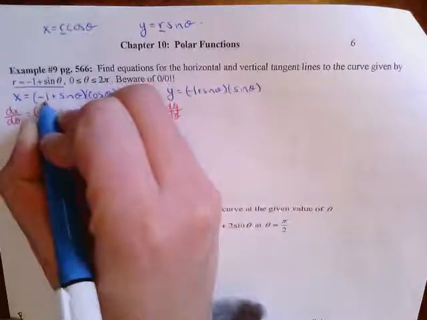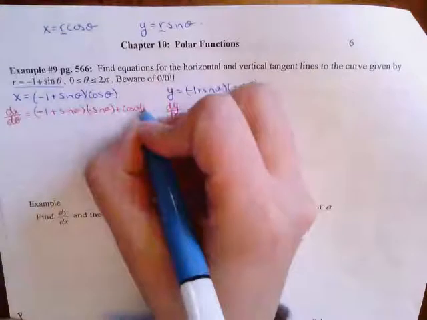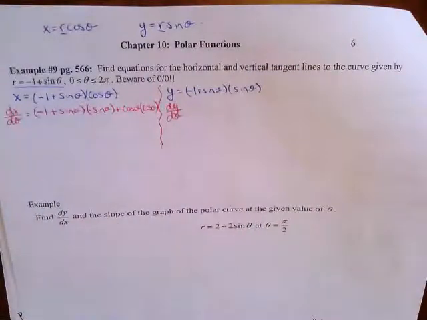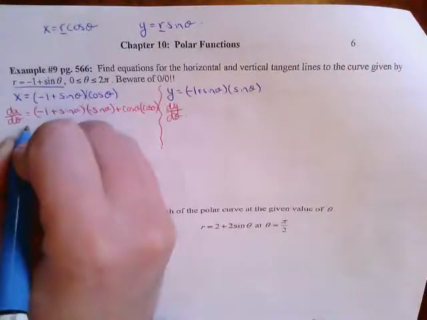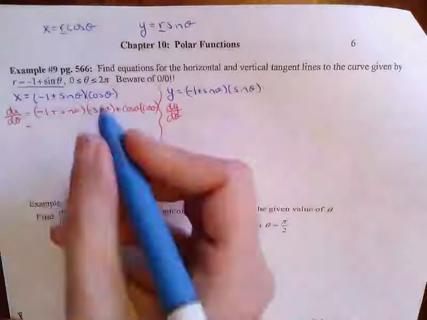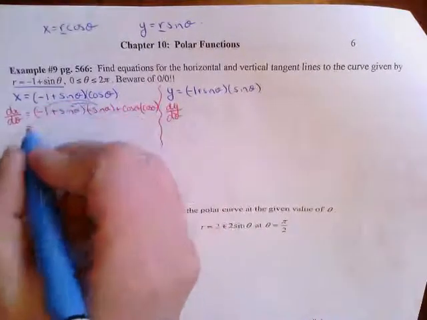And the derivative of -1 is 0, and the derivative of sine is cosine. I'm just going to put a separation right there. So now when we clean this up, first off, this gets distributed.